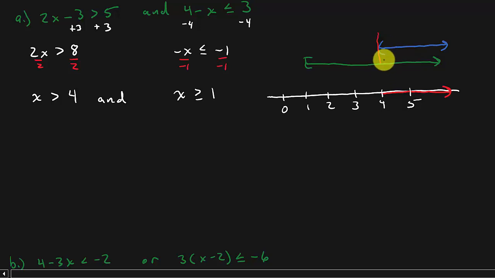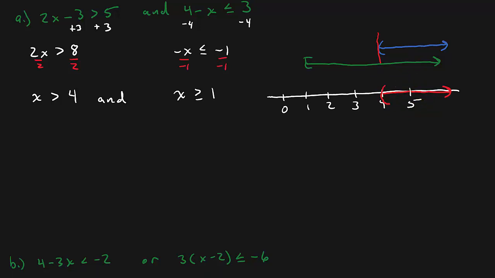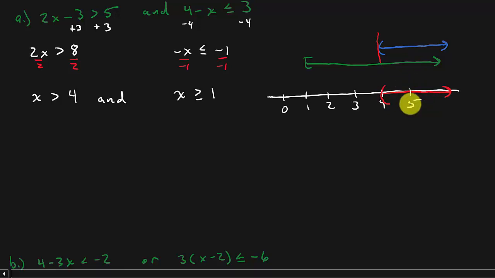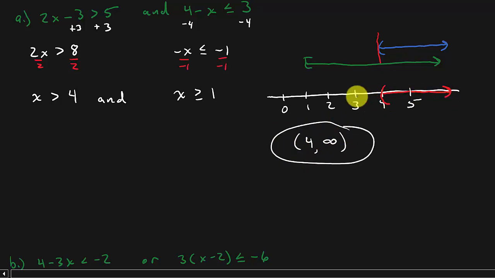So they don't have the 4 in common. So it goes up to 4, but does not include the 4. So that's going to have a parenthesis on it. And so that would be your graph. And then you've got to write this answer in interval notation. And so that's going to be 4 to infinity. And so there's your interval notation, and this is your graph.